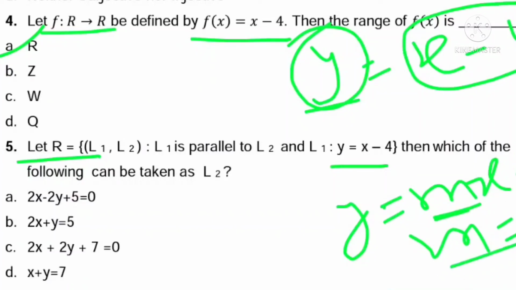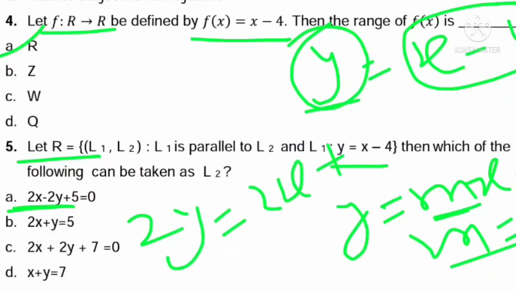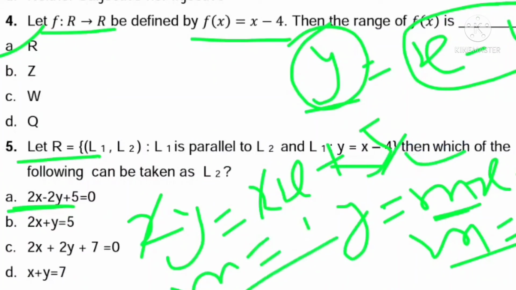So you have to find out which line has slope 1. Look here, this line, if you write in this format, we can write 2y = 2x + 5, means here m will be 2 which you can cancel, and 5 upon 2, means we can get m = 1, means the answer is A.